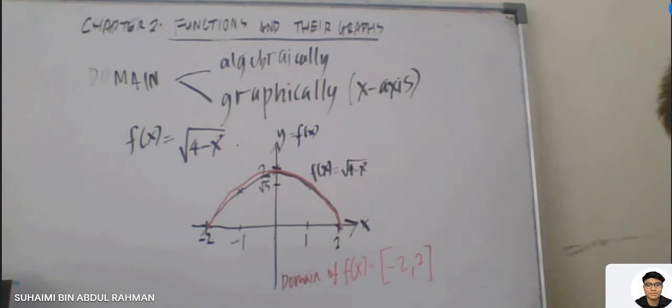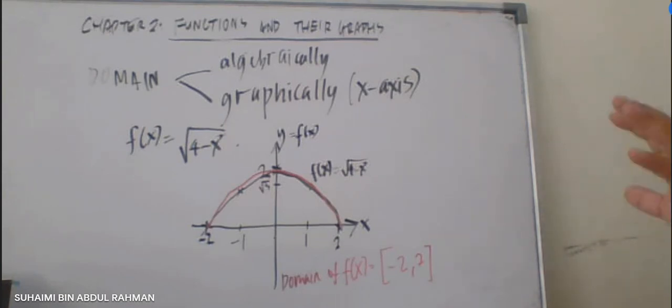Vertical line test. That's to determine whether it is a function or not. Then after we know it's a function, the domain can be determined using algebraic and graphical methods. Graphically, we look at what? The x-axis.